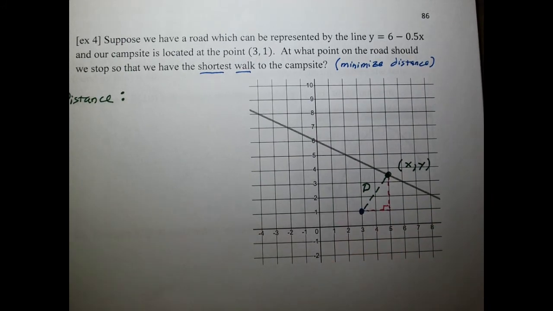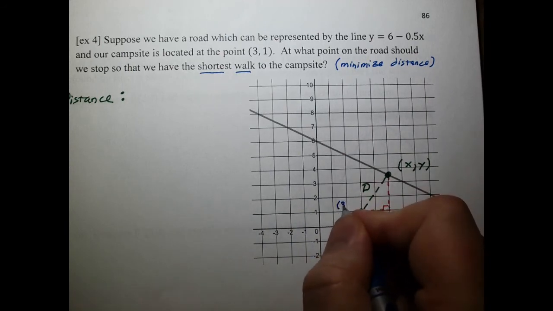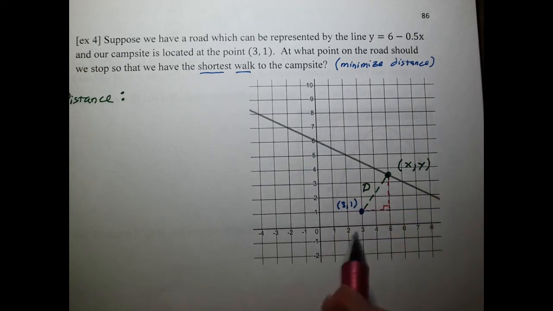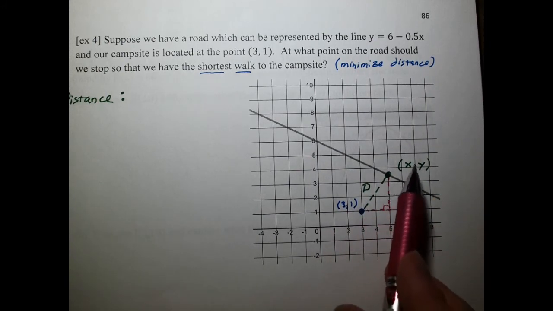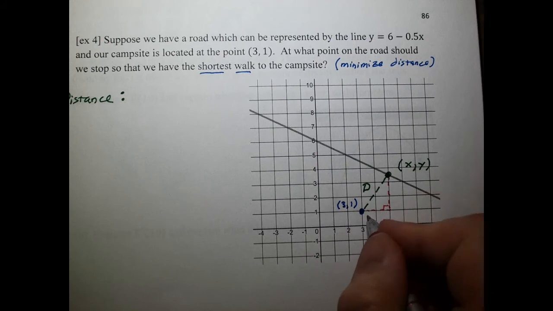So we already know that the campsite is located at the point over 3 up 1. And the point on the road we said was x, which means this distance right here is actually x minus 3.